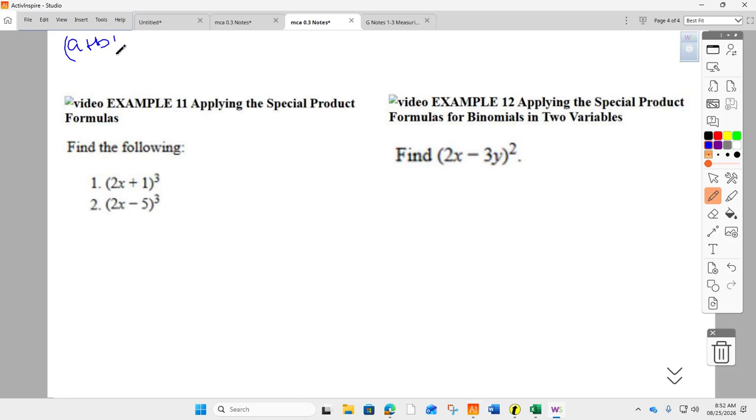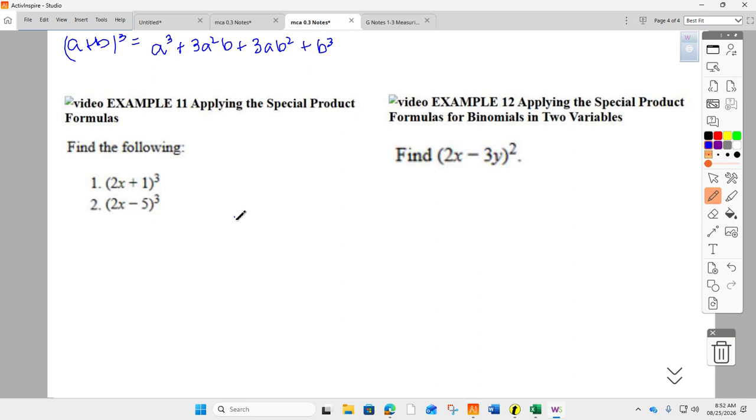The formula is: cube the first term, plus 3a squared b, plus 3ab squared, plus b to the third power. So if you're cubing a sum, all the signs are addition. The first and last terms are always cubed.